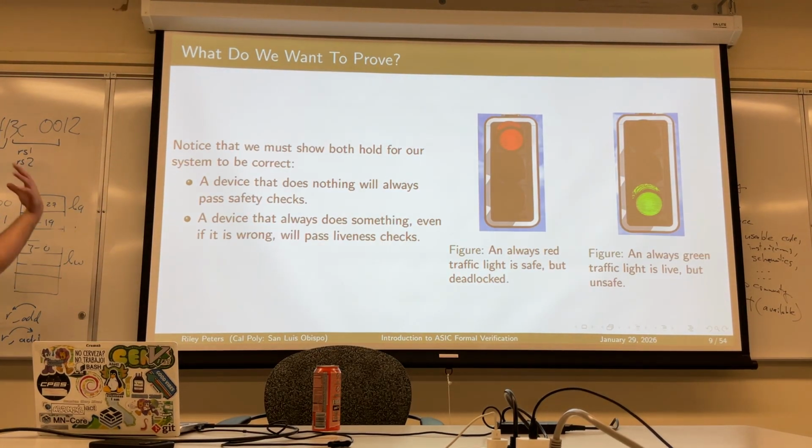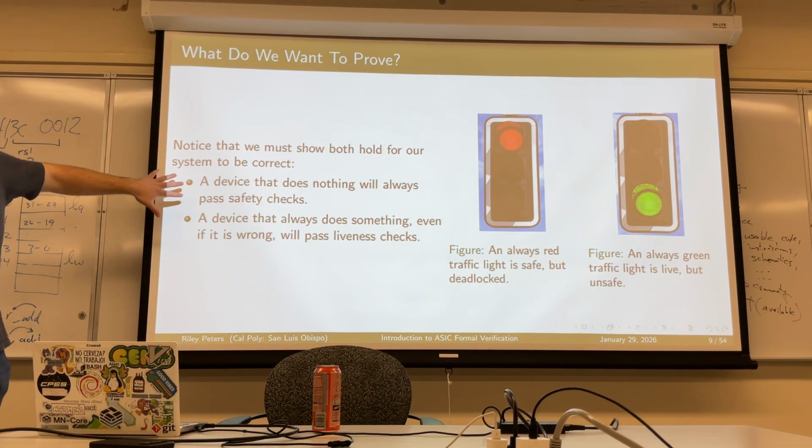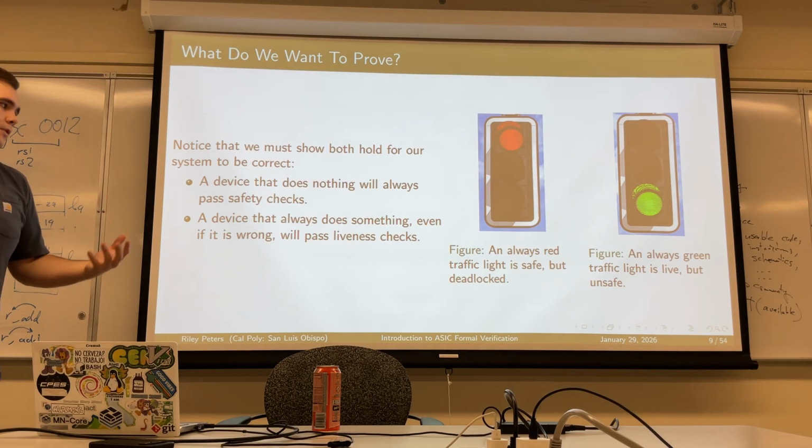You can conceptualize these as an intersection with a stoplight. If all the lights are red, no cars move, so no one's ever going to get into a crash, but nothing ever happens. That sort of setup is safe. It's never going to violate any safety checks because a car can never crash when every light is red, but nothing happens, so it's not really that useful.